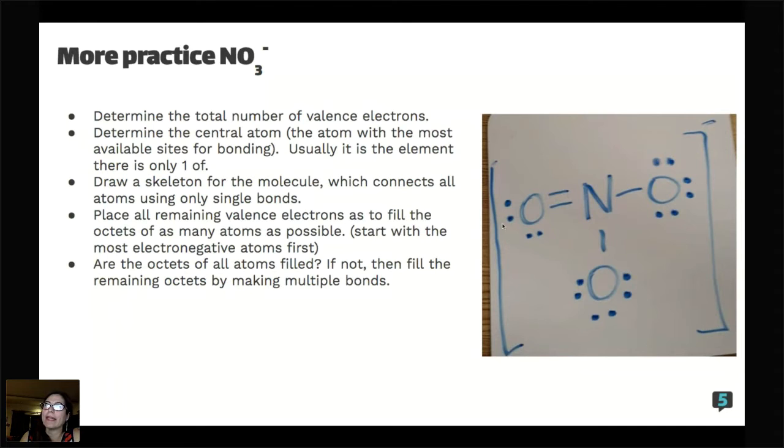Oxygen still has 8, but by sharing, it helped nitrogen have 2, 4, 6, 8. Now we have all 24 electrons accounted for and all the atoms ready with the octet. Don't forget to place in brackets and the negative charge. Questions? Okay, we're going to move on.